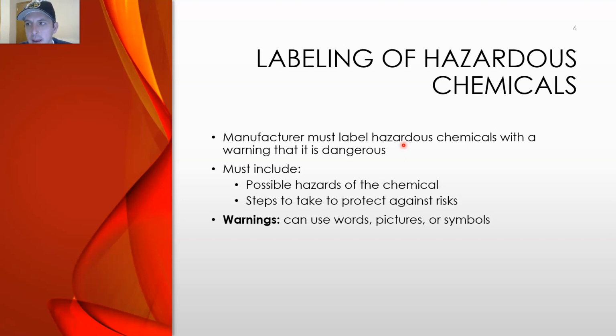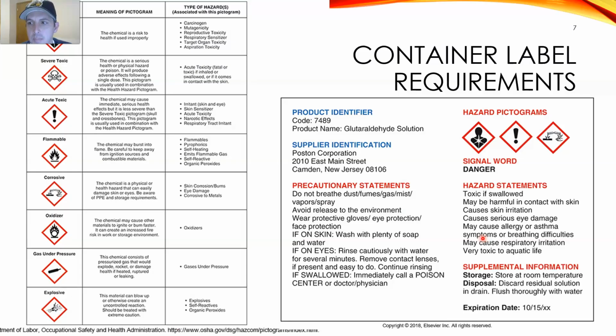And within that aspect, it also needs to be added to any transfer to a new container. So if you transfer a chemical from one container to another container, you must include that label within there. And that label has to include the possible hazards, steps to protect against risks, and it can be done in picture or written form.